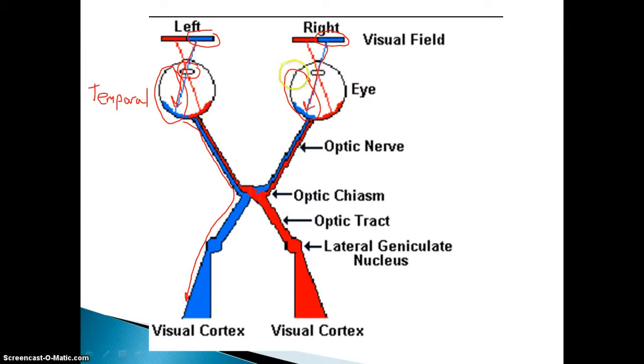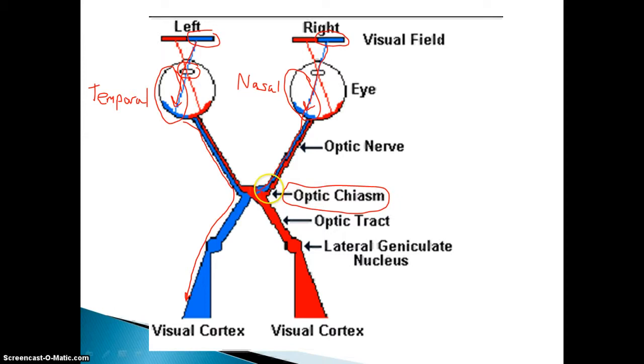Now, on this side here, something a little bit more confusing happens. This here is on the nasal side of your body. That means it's close to your nose. So your right eye, the left side of your right eye is closer to your nose. So the image is going to pass down the nasal fiber here, but it's going to have to do something weird. It's going to have to cross over at what's called the optic chiasm.